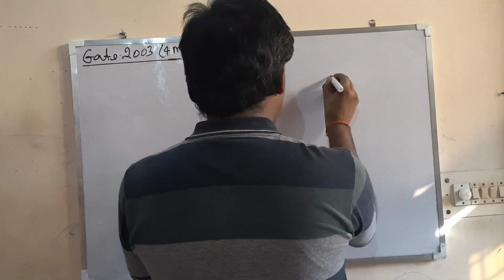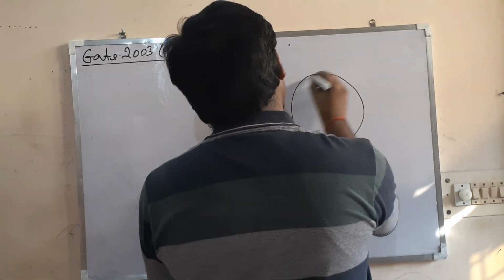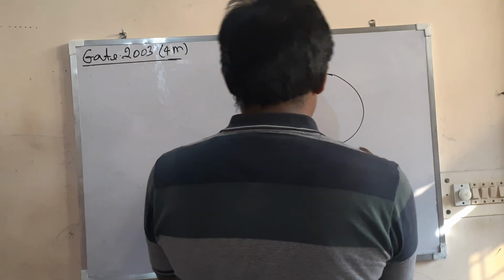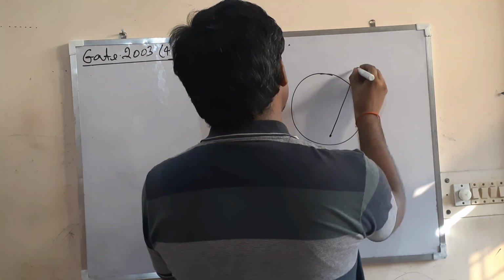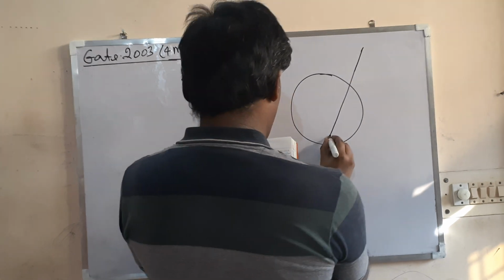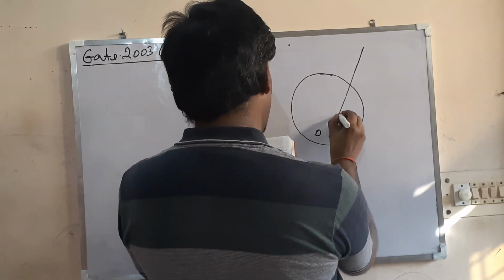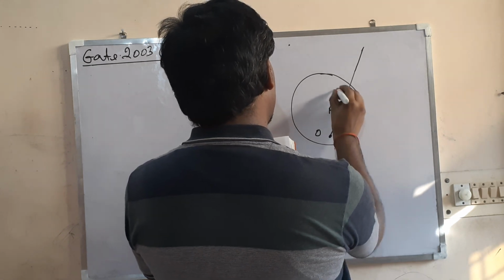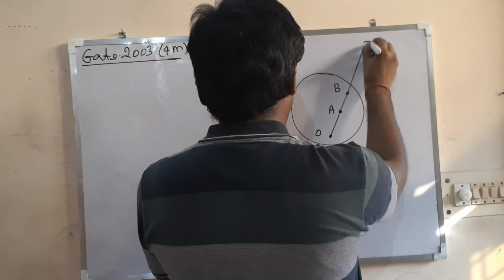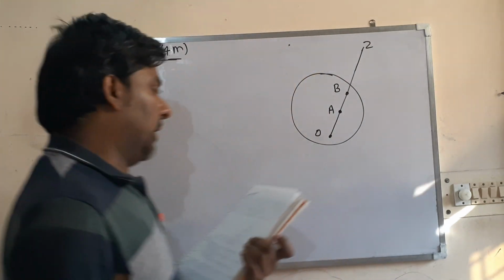So he is saying that there is a disk. There is a circular disk, and this is any line, and this is O, this is A, this is B, and this is Z.